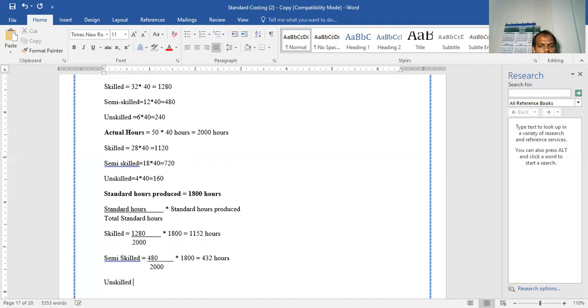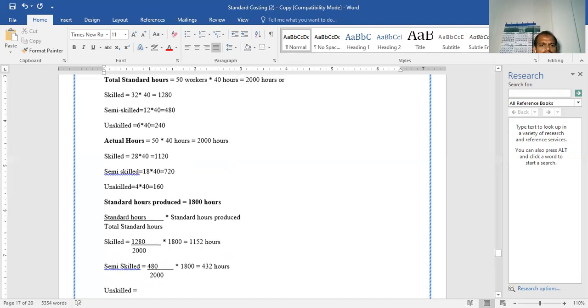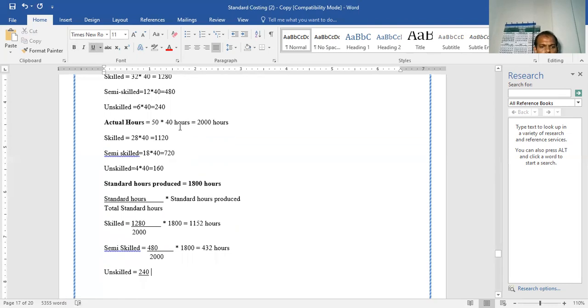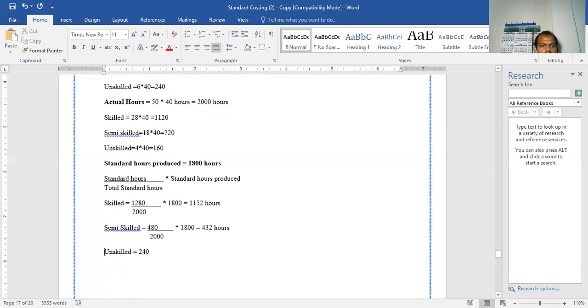Unskilled: 240 standard hours divided by 2000 into 1800 is equal to 216 hours.